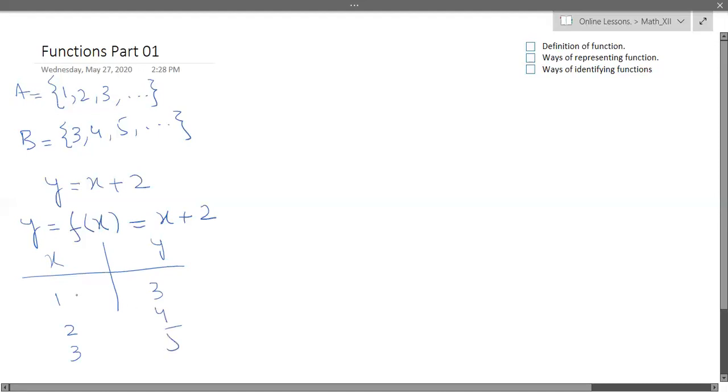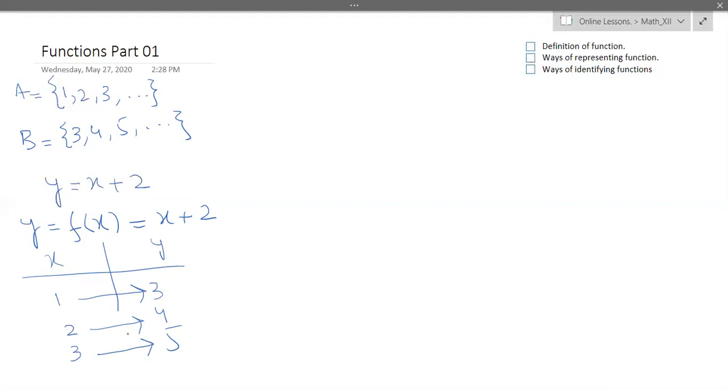So when you substitute 1 in the equation, you get 3. When you substitute 2, you get 4, and when you substitute 3, you get 5. So as you can see, for every unique input, you get a unique output. So this is the defining criteria for the functions. They produce unique output for given input.